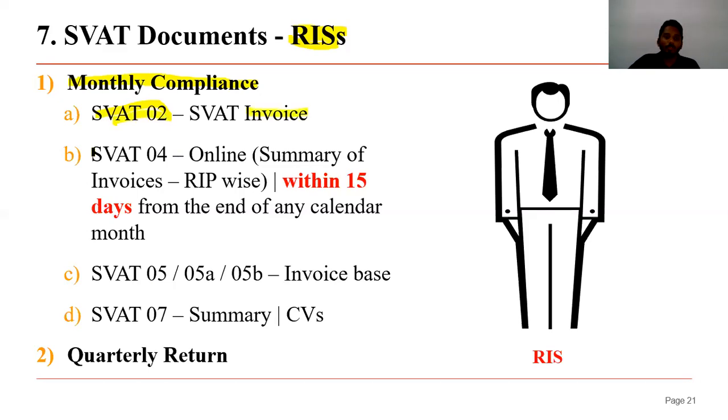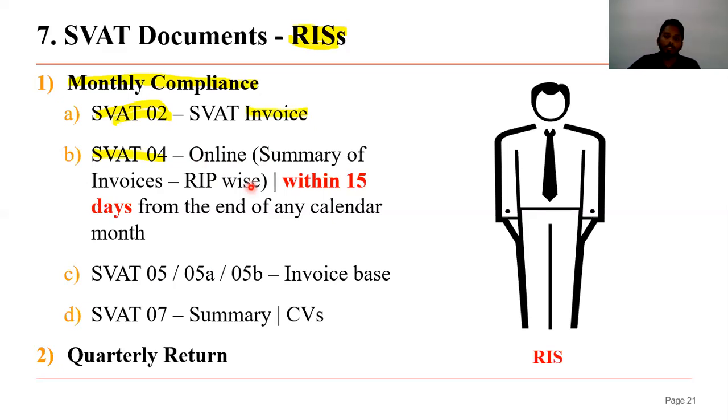Then SVAT 4 is something they are required to enter into the online system, meaning RAMIS, a summary of SVAT invoices, RIP wise. Because for each RIP you need to enter each SVAT supply wise.